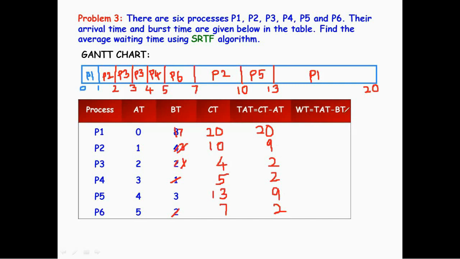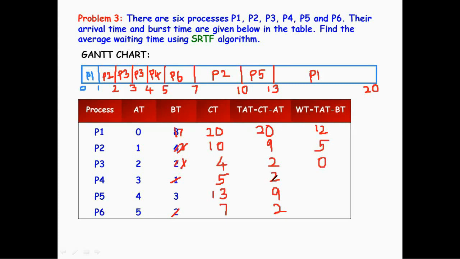Coming to waiting time, it's equal to turnaround time minus burst time. So waiting time of P1 is 20 minus 8, which is equal to 12. For P2, 9 minus 4 is 5. For P3, 2 minus 2 is 0.